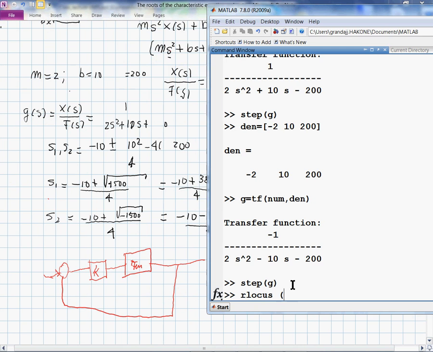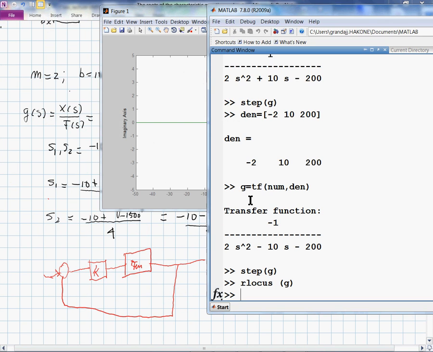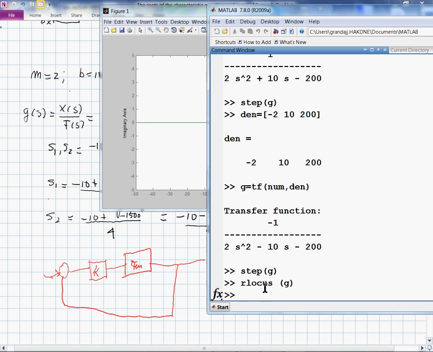Okay, but just as if we put the transfer function and we add, let's say, one more term, we make it a third order system like this.